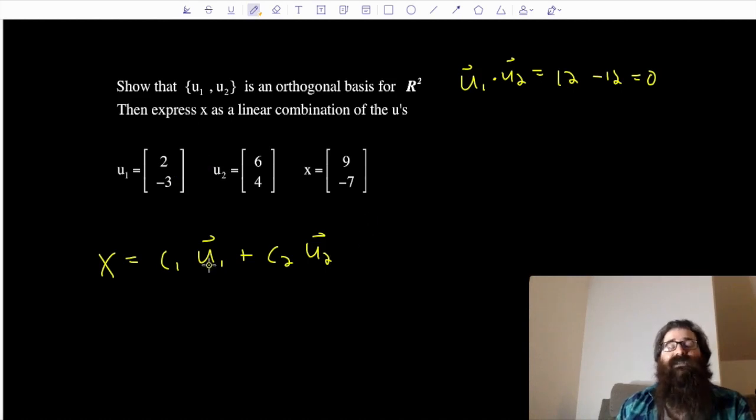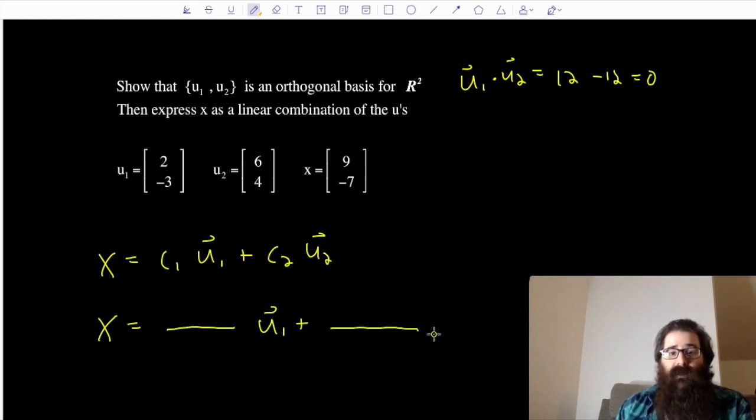But what's extremely nice is that I can just build this right away because I can tell you what those coefficients are going to be. C sub 1 is going to be x dotted with u sub 1 divided by u sub 1 dotted with u sub 1. And remember, dot products give us numbers, give us scalars. So I just have a number divided by a number, and then scaled into the vector.